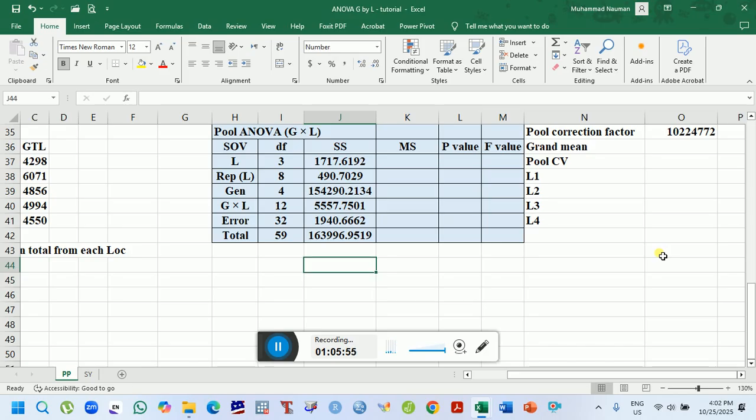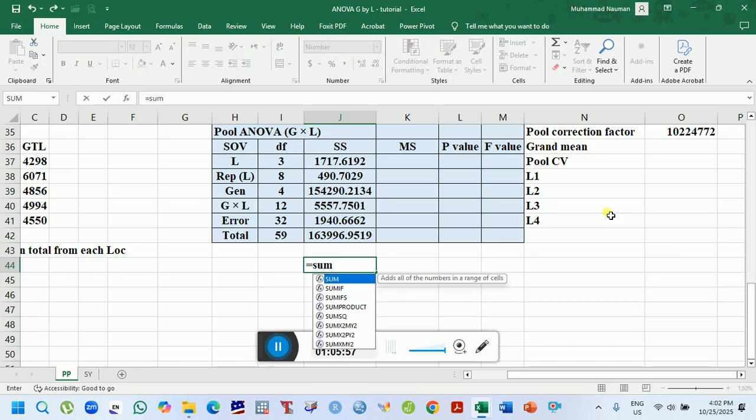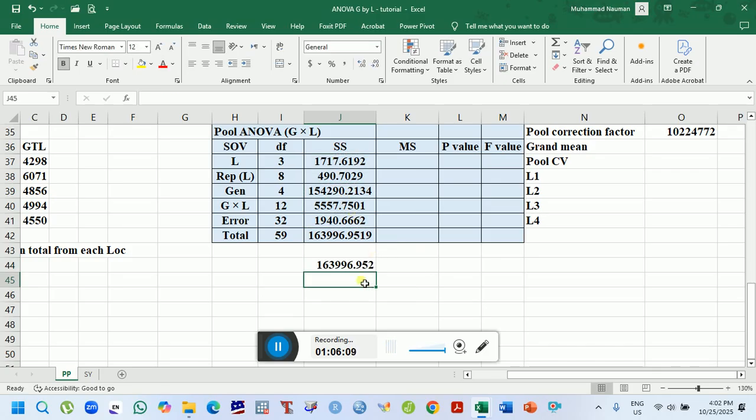Okay, cross check: it is equal to the SUM of location, replication, genotype, genotype by location, and error. Our calculation is fine. Correct.